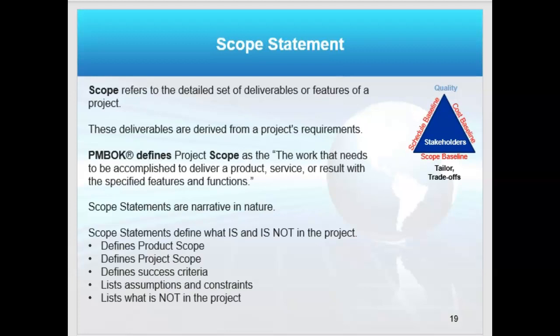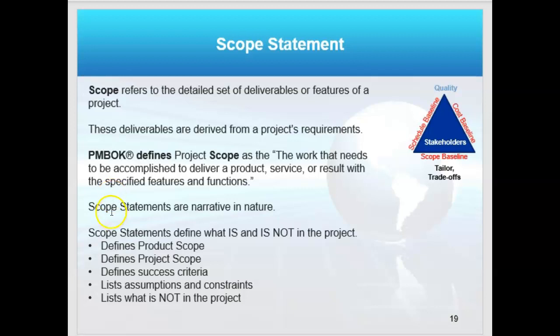Now, the scope statement is driving so much of the work we do. And so scope is this detailed set of deliverables or features that we want. So we define the objectives, which are those features, and then we'll define the requirements, ending up with the scope baseline. The scope statement is the first part of the scope baseline. Remember, the scope baseline we just defined had three parts: the scope statement, the work breakdown structure that results from it, and the work breakdown structure dictionary, which always goes with the work breakdown structure.